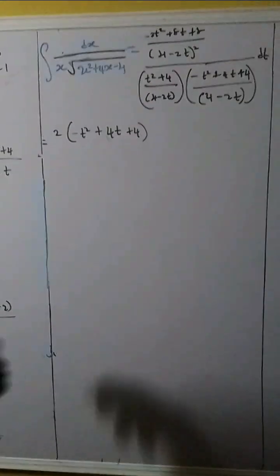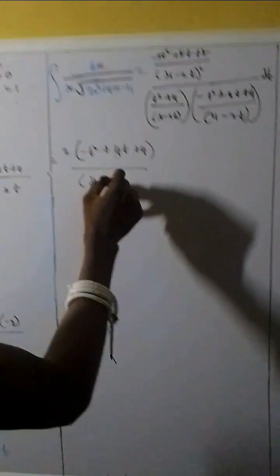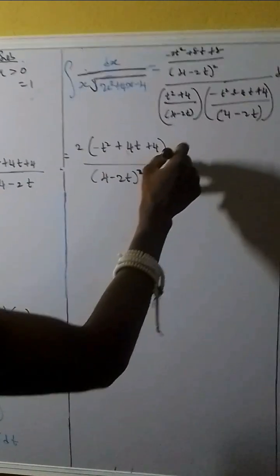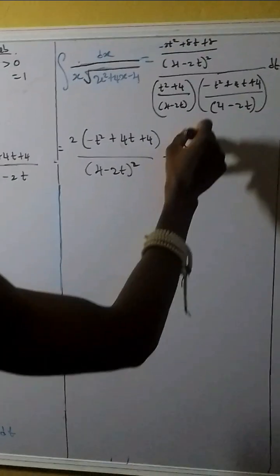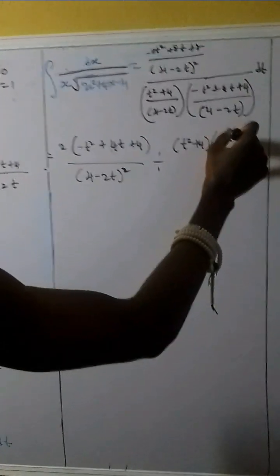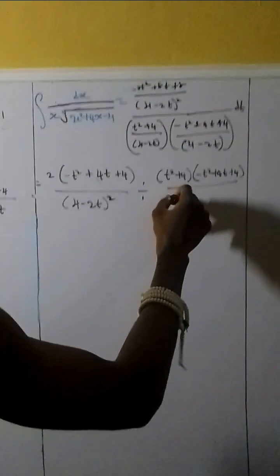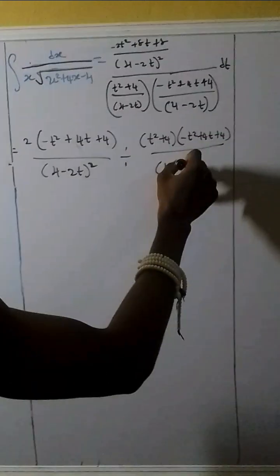Putting general now. All right, you have 4 minus 2t squared. Then this should be divided by, inside brackets, t squared plus 4 over 4 minus 2t.